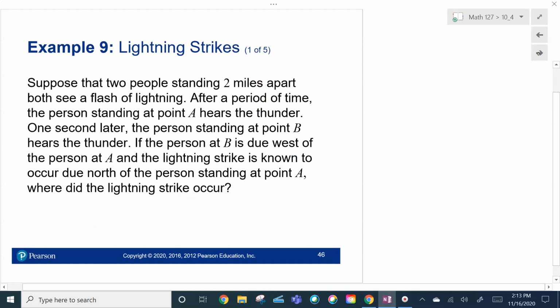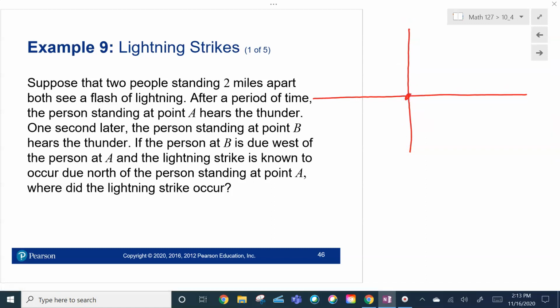We've got an application. Suppose that two people standing 2 miles apart both see a flash of lightning after a period of time. So lightning, by the way, follows hyperbolas, and we can model those. So we've got two people standing 2 miles apart. Let's see if I can draw this thing. Here's our center here. So two people, I'm going to have them standing 2 miles apart.